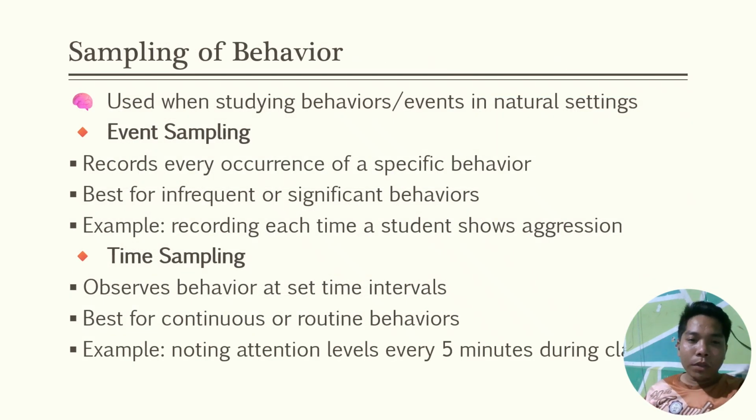On the other hand, when you are going to study behavior, you can use these two sampling techniques. Under sampling of behavior, we have event sampling and time sampling. These are two different sampling techniques you can use for behavior-related studies. Event sampling records every occurrence of a specific behavior.